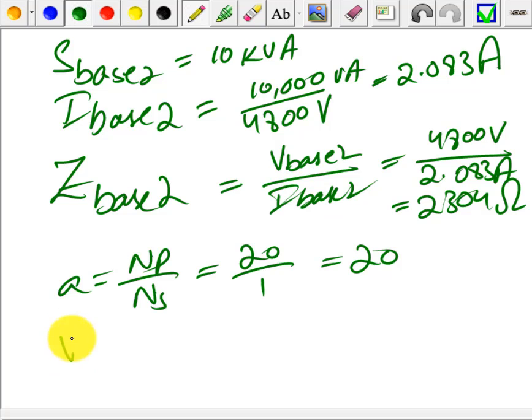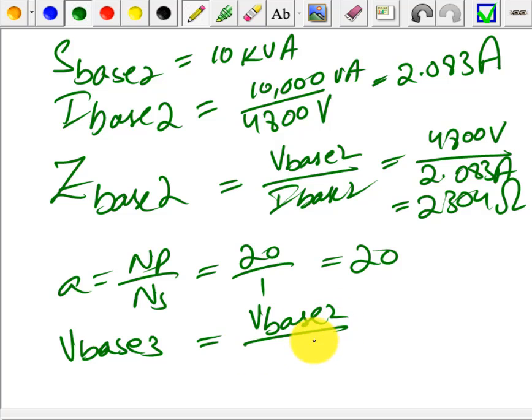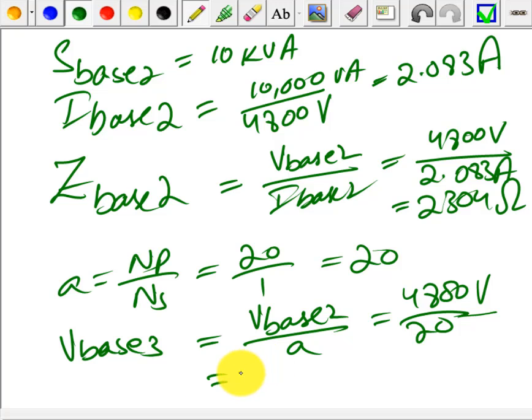So the V base 3 will be equal to V base 2 divided by A. V base 2 is, we know, 4800 volt, divided by 20. So that will be simply 240 volt.